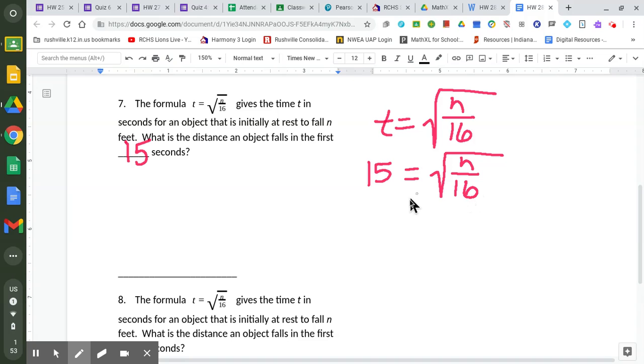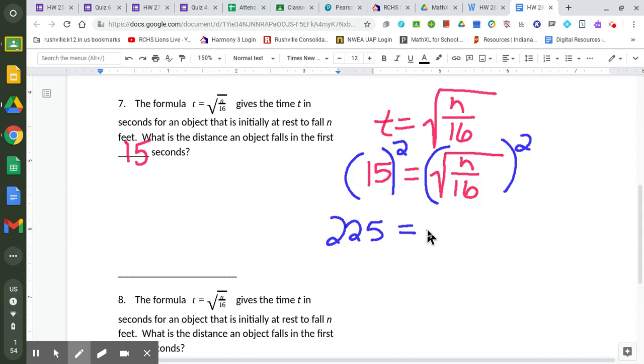Now I have my radical isolated, so I can square both sides. So 15 times 15 is 225. And when you square a square root, the square root box goes away.